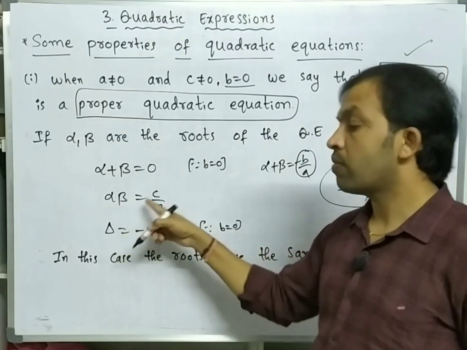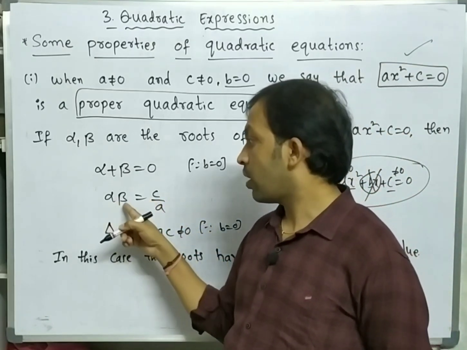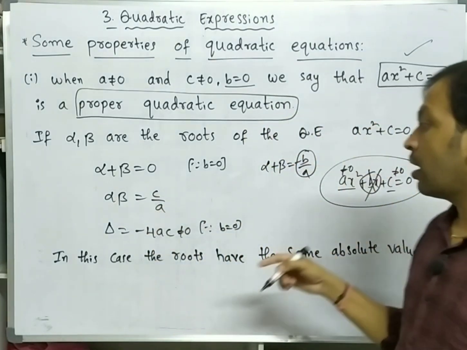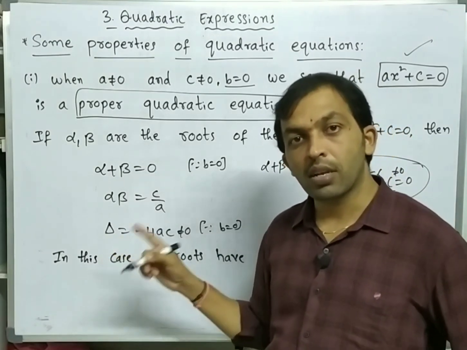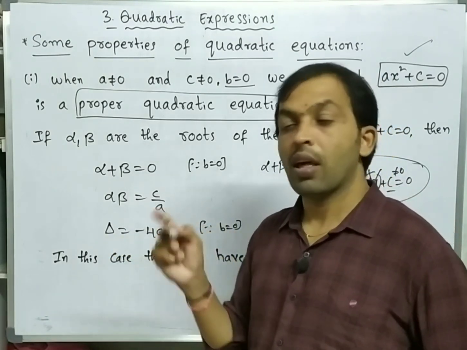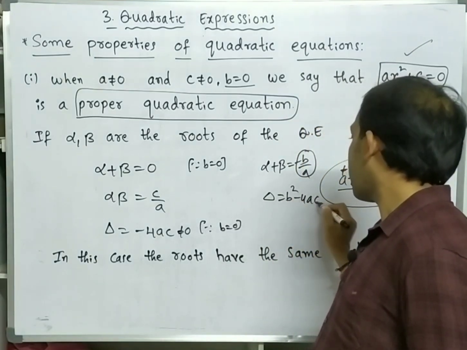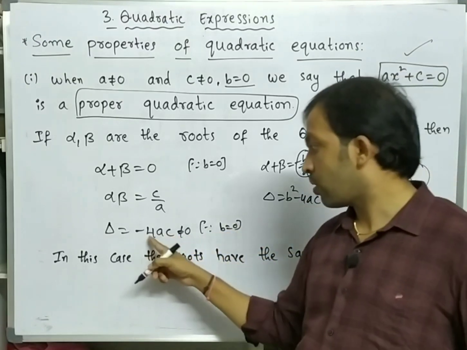Next, the product of the roots: we have already learnt that alpha into beta is equal to c by a. Next, the discriminant. What is the formula for the discriminant? That is b square minus 4ac. Delta is b square minus 4ac. As b is 0, it becomes minus 4ac.